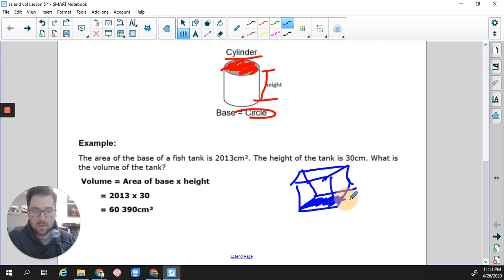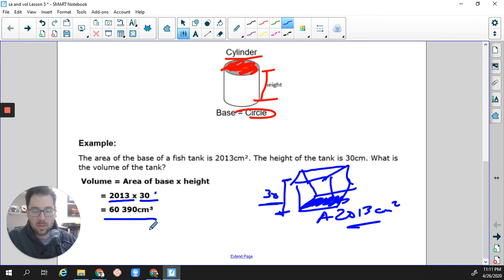So we know our base area is 2013 centimeters squared, and we know our height is 30. So we take our 2013, the area of our base, and multiply it by the height, and we're left with 60,390 centimeters cubed, because this is centimeters squared, and this is centimeters.